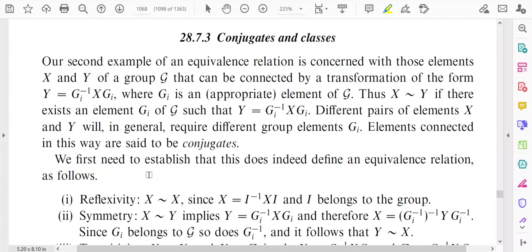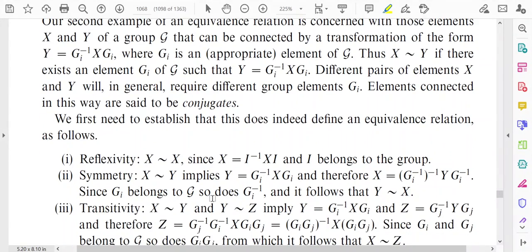Now, we first need to establish that this does indeed define an equivalence relation, that is, that x is equivalent to y. So we will discuss the properties of the equivalence relation and try to understand whether it is in accordance with the given relation.